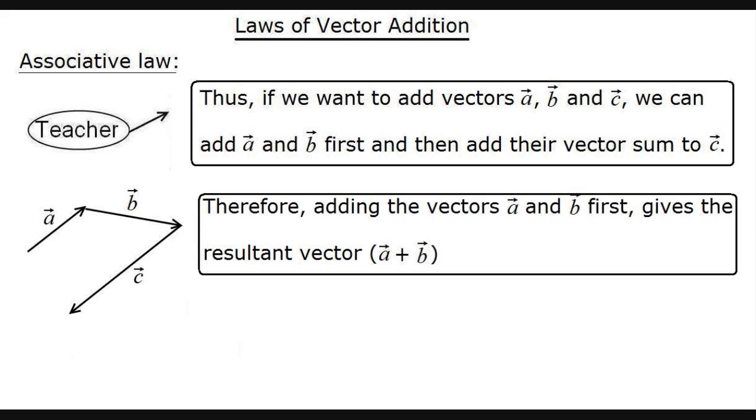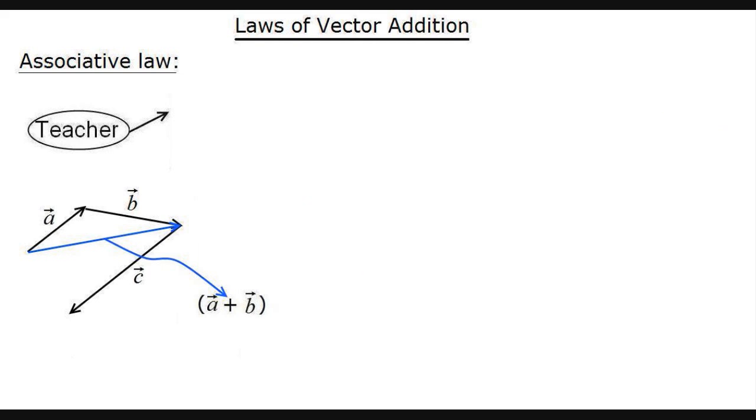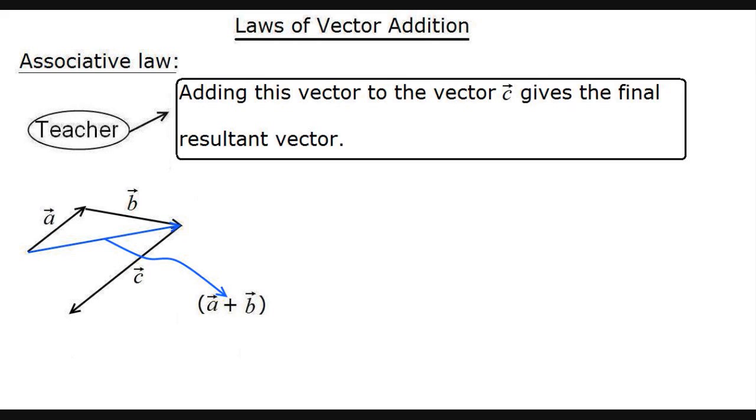Therefore, adding the vectors a bar and b bar first gives the resultant vector a bar plus b bar. Adding this vector to the vector c bar gives the final resultant vector.